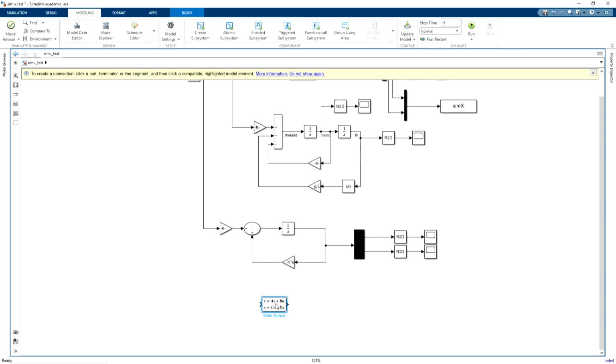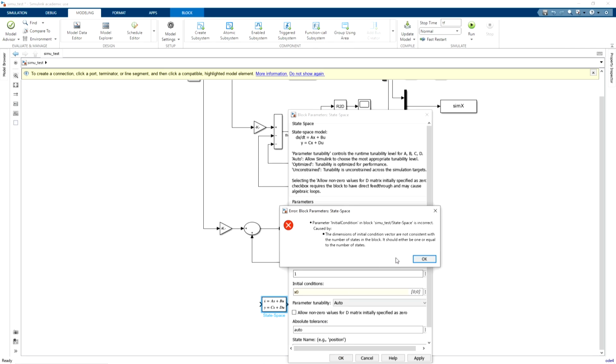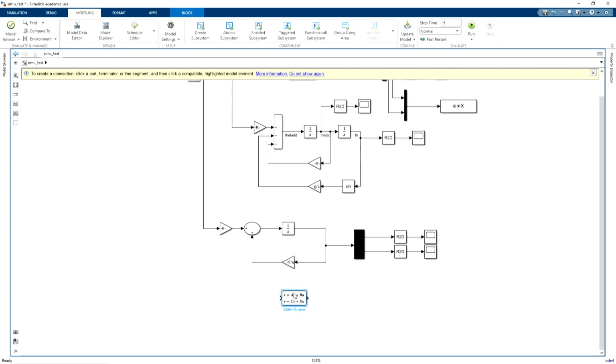If you double click this, the equation is already in this format: x dot equals Ax plus Bu, y equals Cx plus Du, and it will ask for the A matrix, B matrix, C, D with the given initial conditions. So initial conditions was x naught. We need to enter the matrices here.